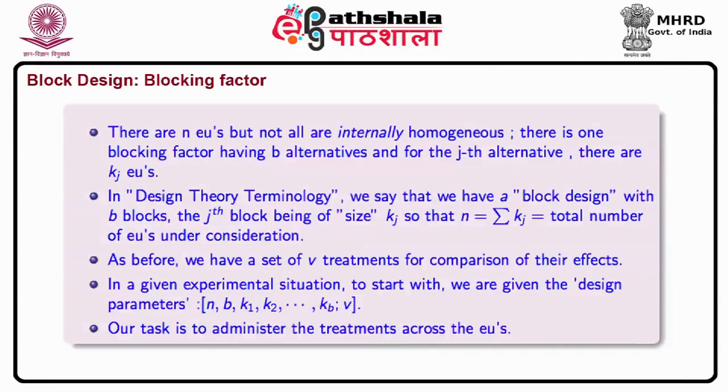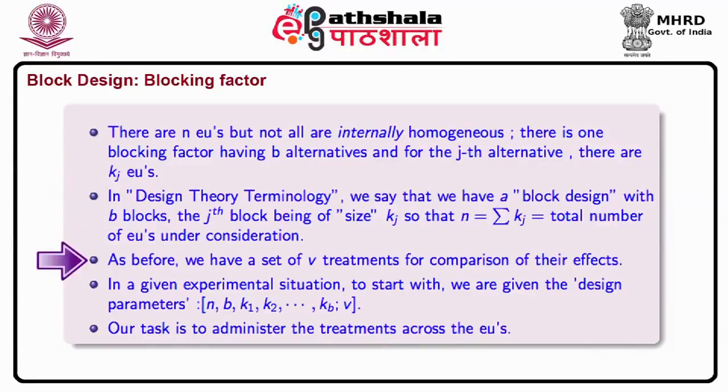There are n experimental units, but not all are internally homogeneous. There is one blocking factor having B alternatives, and for the jth alternative there are kj experimental units. In design theory terminology, we say that we have a block design with B blocks and the jth block being of size kj, so that n is equal to the sum over j of kj, which is the total number of experimental units under consideration.